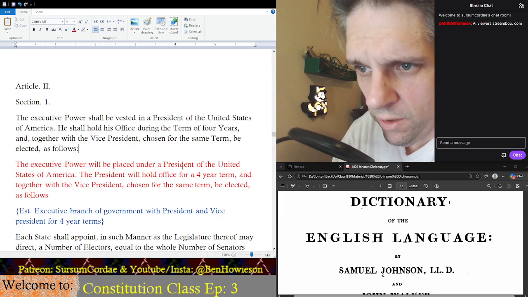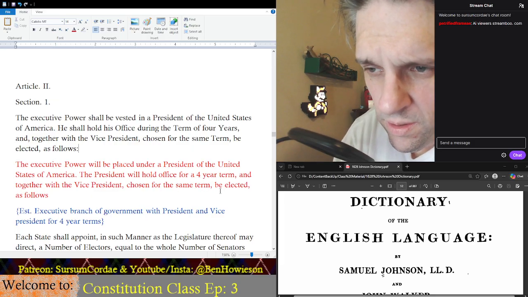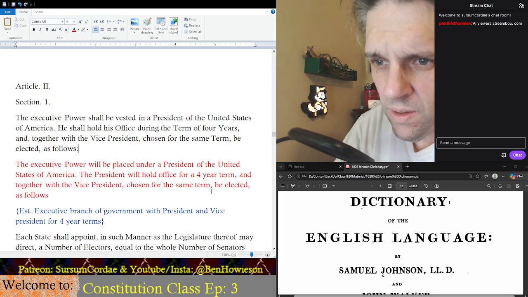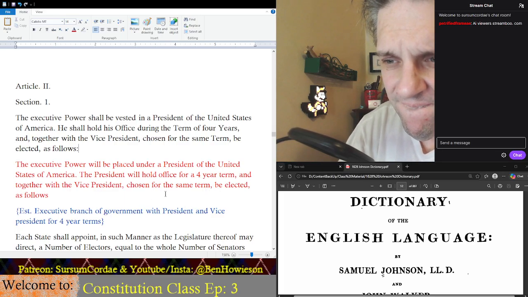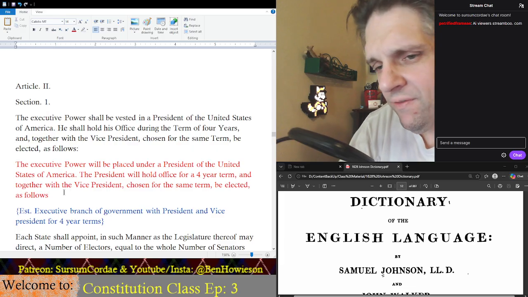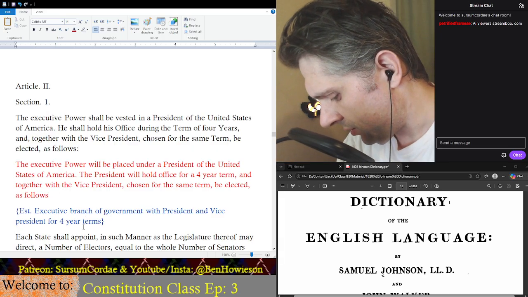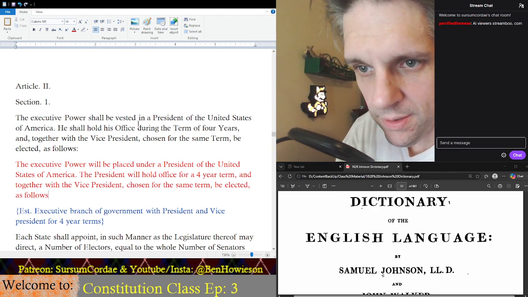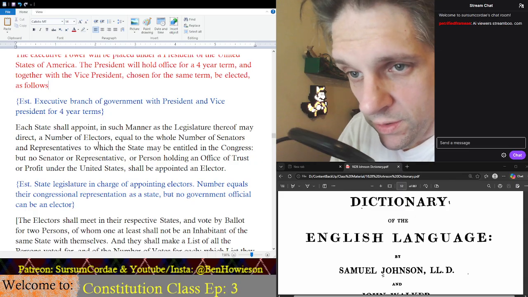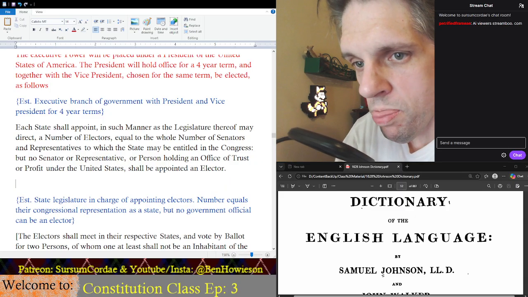The president will hold office for a 4-year term, and together with the vice president chosen for the same term, be elected as follows. It sounds clunky, doesn't it? That feels really clunky to me, but I guess there's not an easier way to respect the document and also translate it, because that's pretty concise. Feels clunky though. I don't like it.